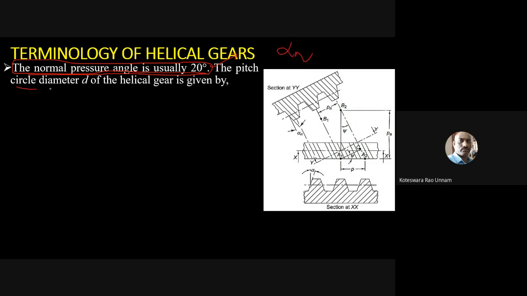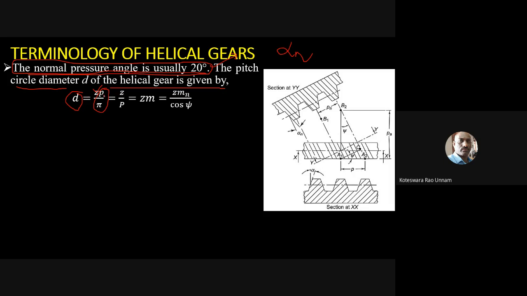The pitch circle diameter D of the helical gear is given by, so we know the pitch circle diameter is nothing but number of teeth into module, or else you can write it as Zp by pi. So p by pi is nothing but module, or capital P is equal to 1 by m. Either way it is okay.